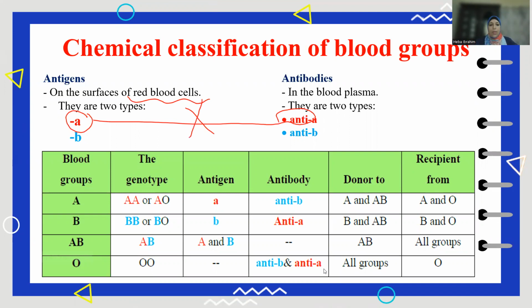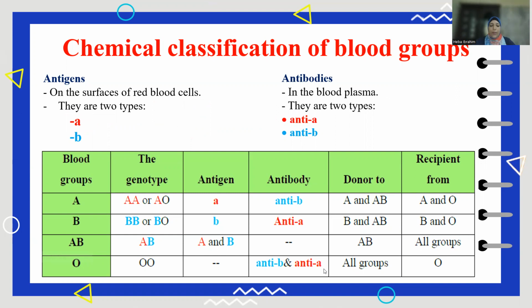So antigens and antibodies must not be put together in the same individual, to avoid the chemical reaction that will take place between these two chemical substances, antigens and antibodies. Let's explain this part in more detail.